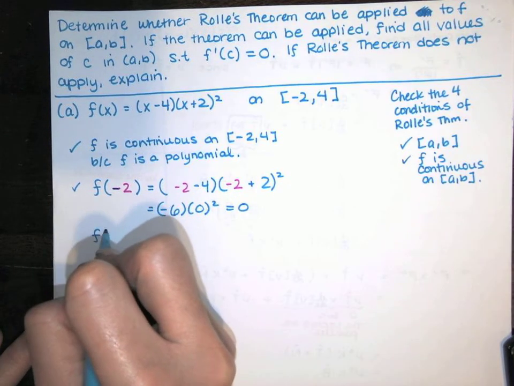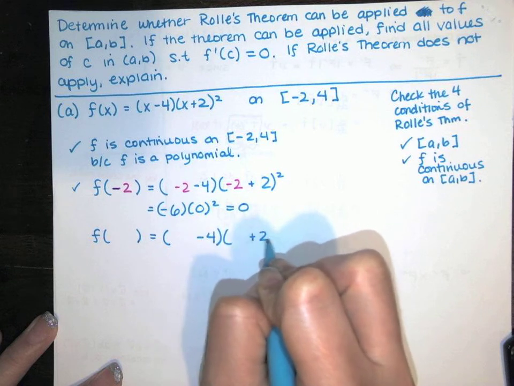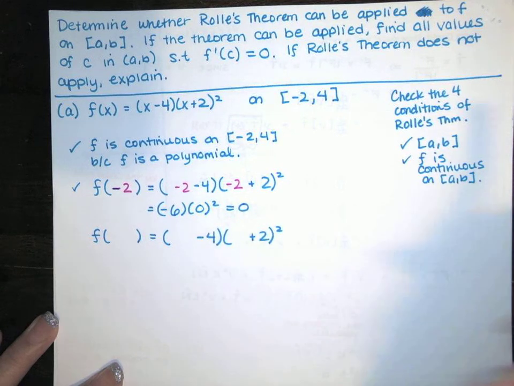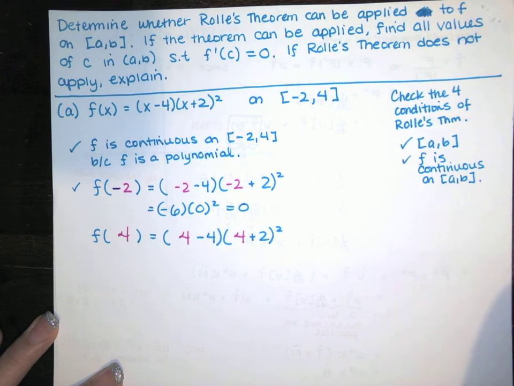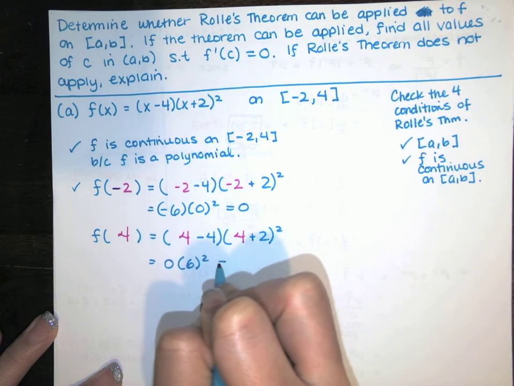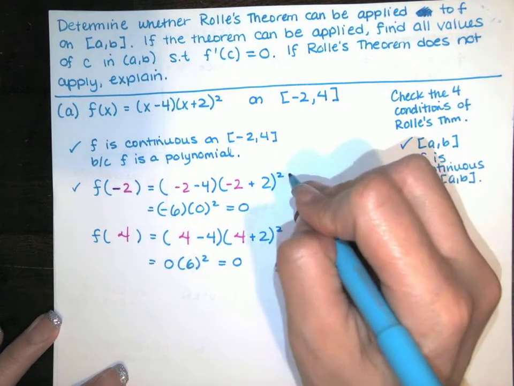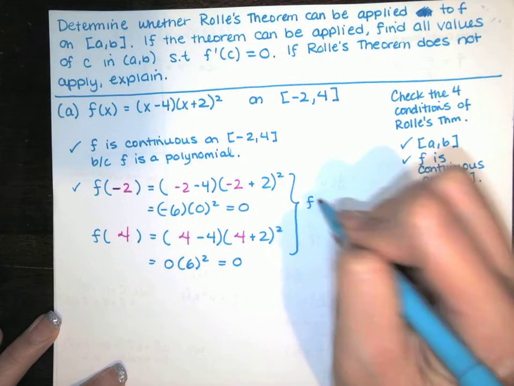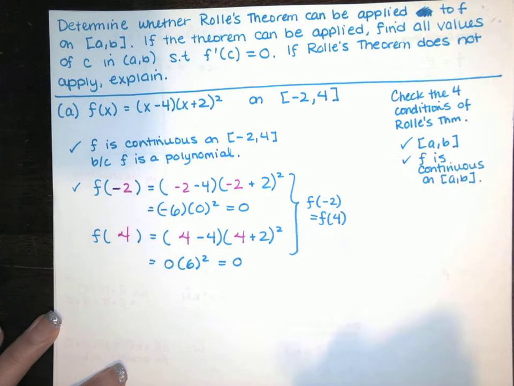And then if we substitute in 4 for x, we get 0 times 6 squared, which is of course 0. So f of -2 and f of 4 are the same, so that condition is satisfied. Both of them are 0.